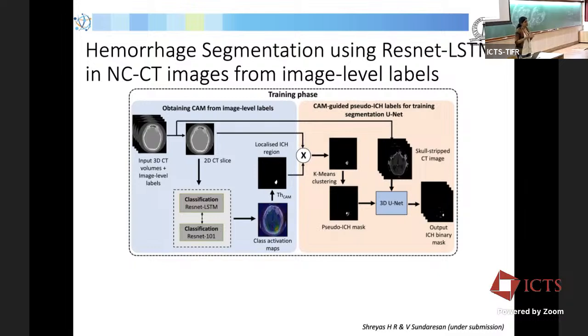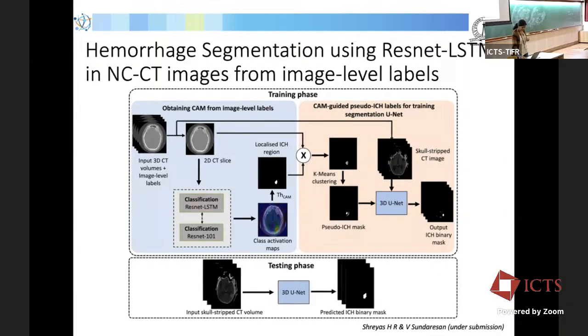What can we do to improve the segmentation or the localization result? The testing phase is even better because this whole cumbersome process happens only in training. This is the main model that we want to train, because this whole process is to create pseudo labels for this model to train, essentially finding out where the lesion is and then using that for training this model to get the final output.